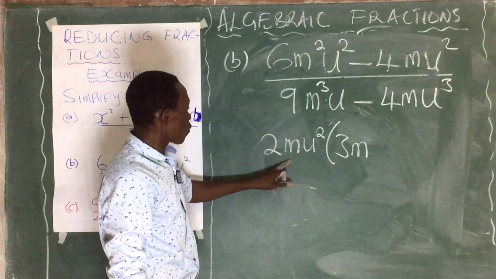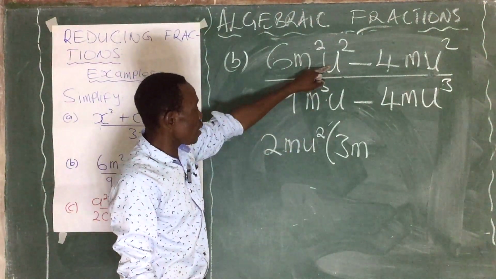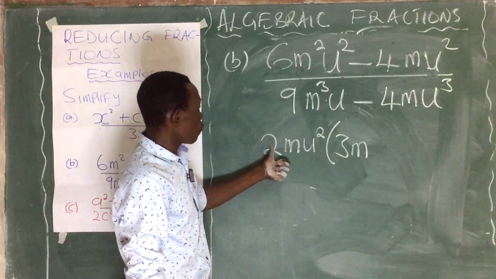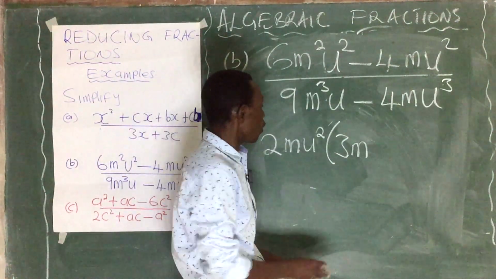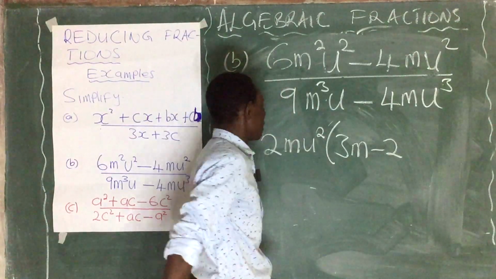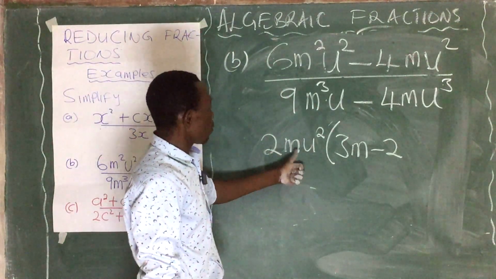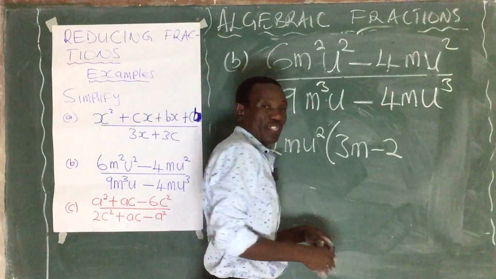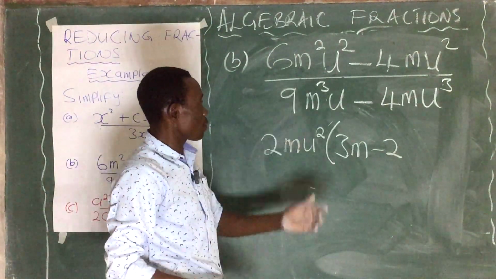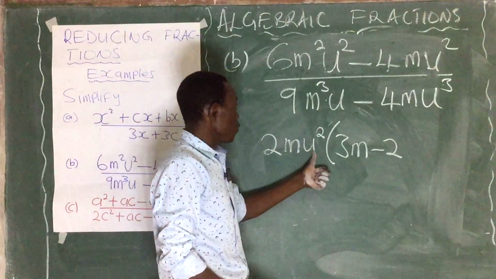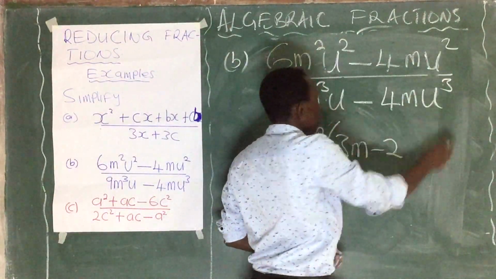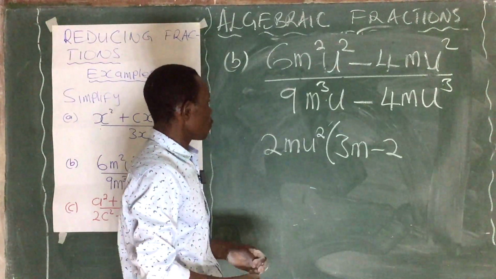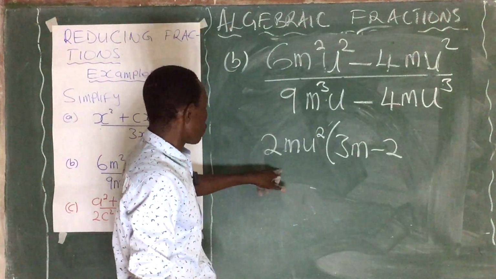And here the u squared getting into u squared is just like 1. So this one and this one they cancel. And then the 2 getting into negative 4, you have got a 2 like that. And the m getting into m, that m and m are going to cancel, just like m getting into m once. And then u squared getting into another u squared, the answer is 1.